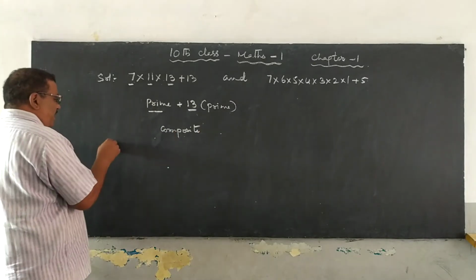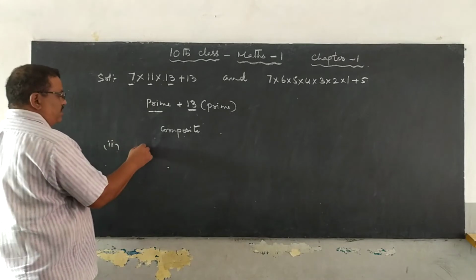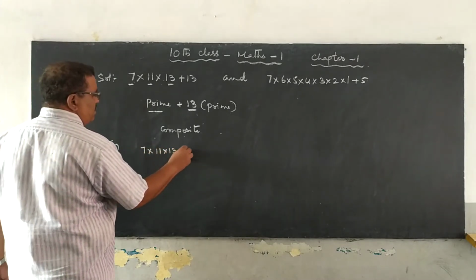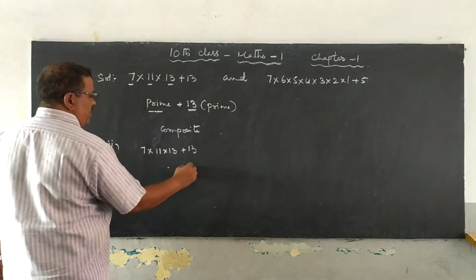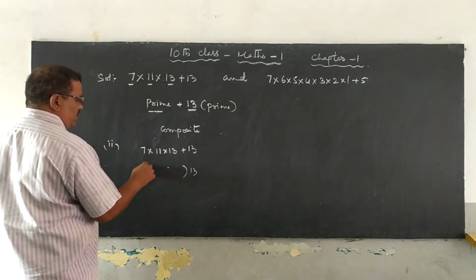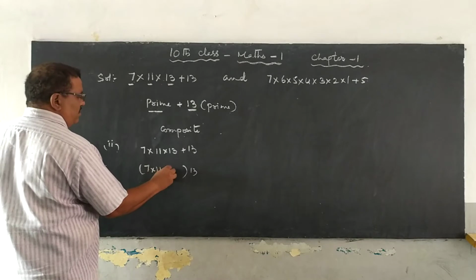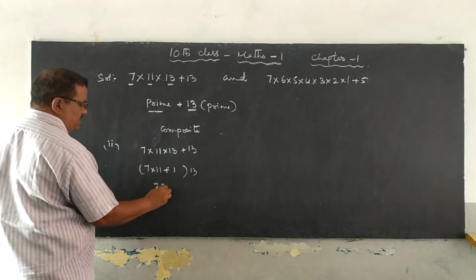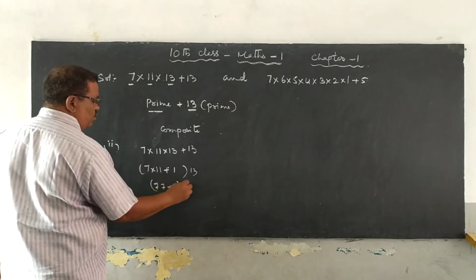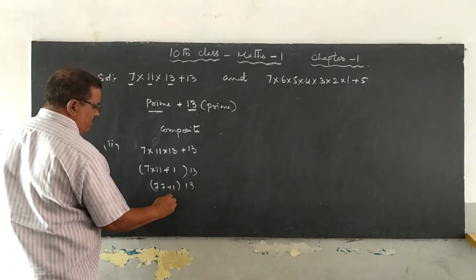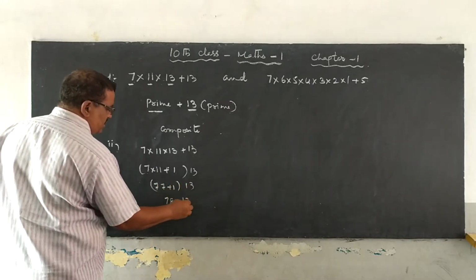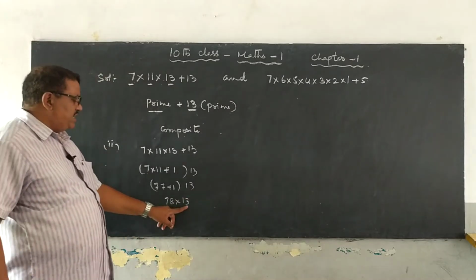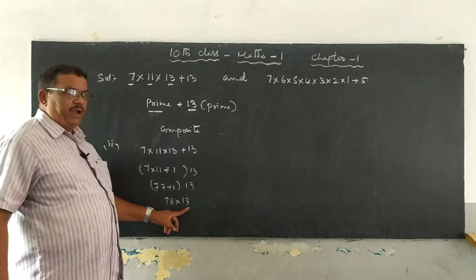On the other hand, we can do the second method. 7 into 11 into 13 plus 13. Take 13 as a common factor: 7 into 11 plus 1, into 13. 7 elevens are 77, plus 1 is 78, into 13. 78 is a composite number, and 13 is a prime number.